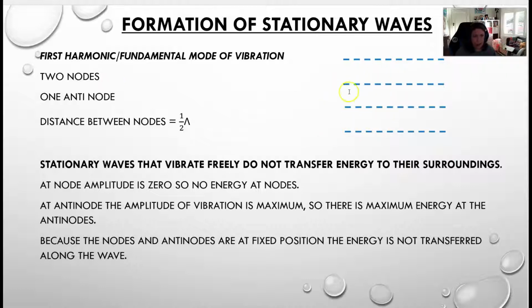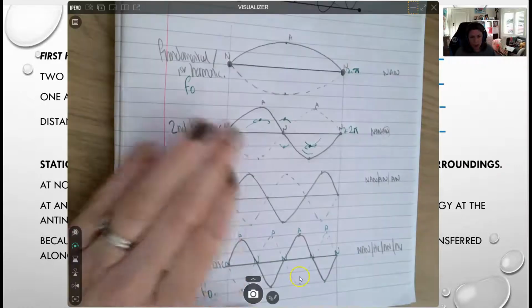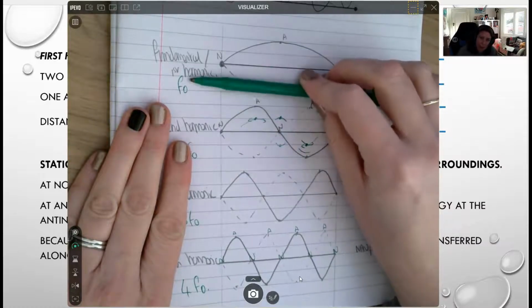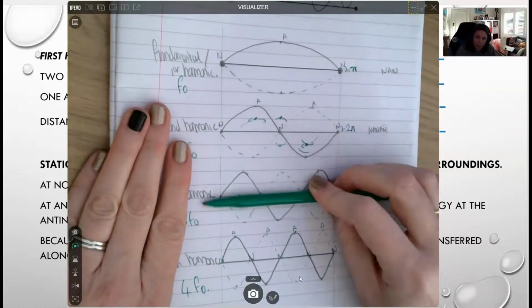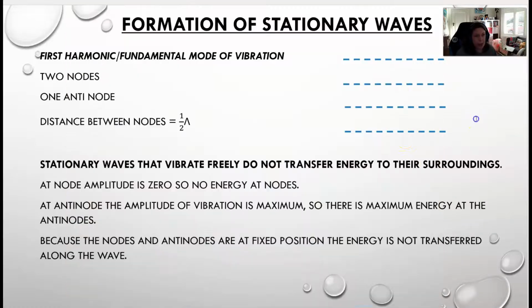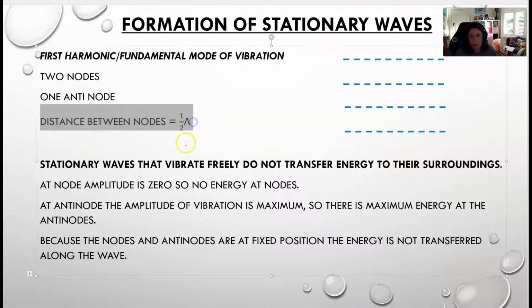These lines are just for what I've just been through. And if you notice on my picture, I'm adding a half wavelength every time. Yeah, so you've got half a wavelength, 1 wavelength, 1.5, 2, 2.5, 3, 3.5, 4. So I'm always adding half a wavelength. Okay, and the distance between the nodes is half a wavelength.